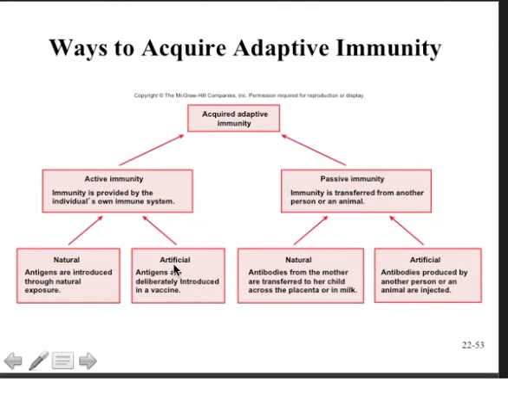The result here is upon exposure to the antigen, the immune system will produce an army of B and T cells that are capable of recognizing and destroying anything that antigen is attached to. The result here is acquired adaptive immunity that will last throughout your lifetime.